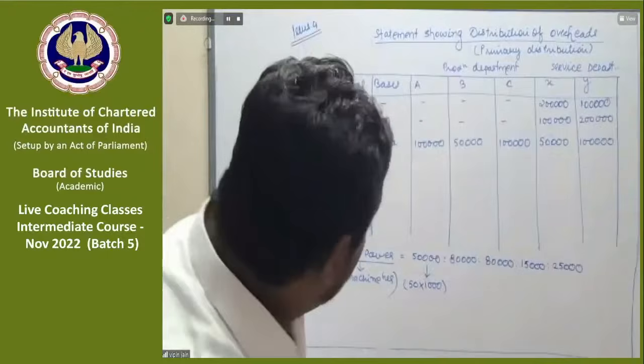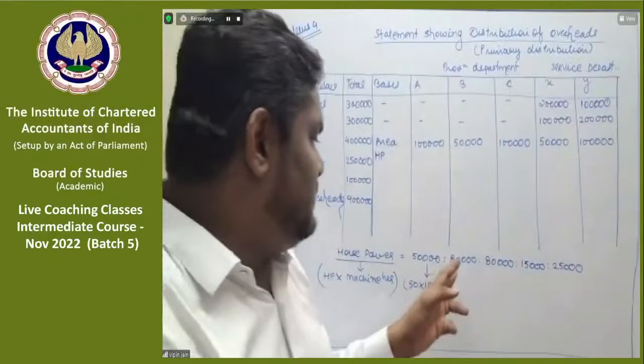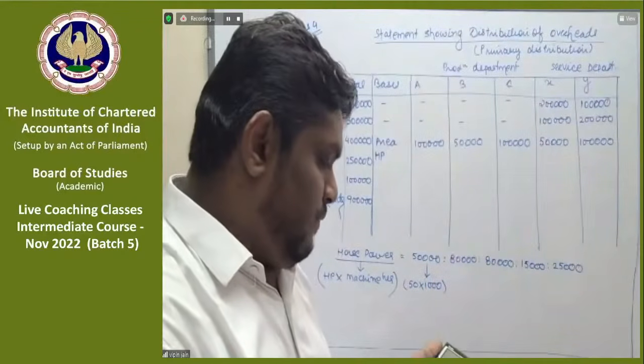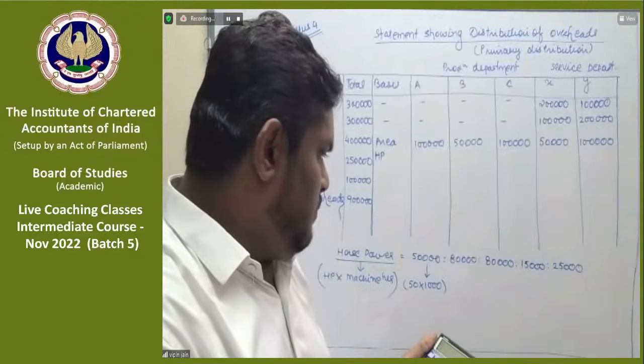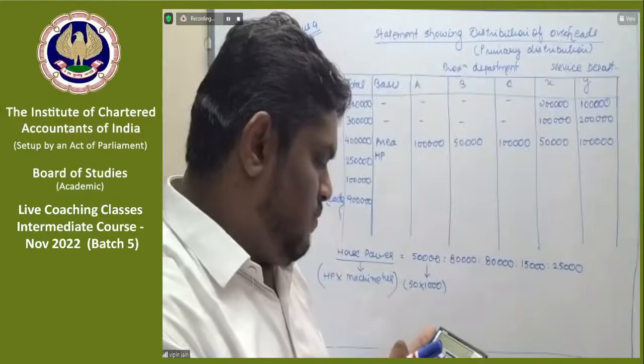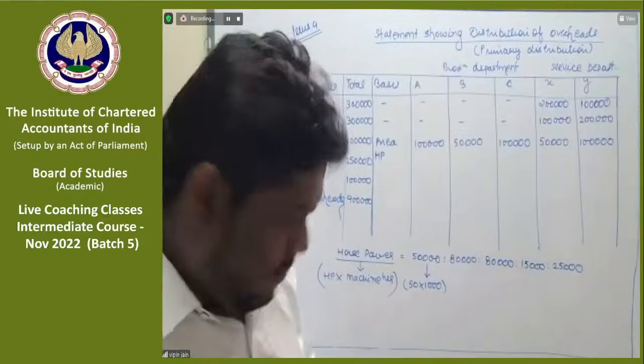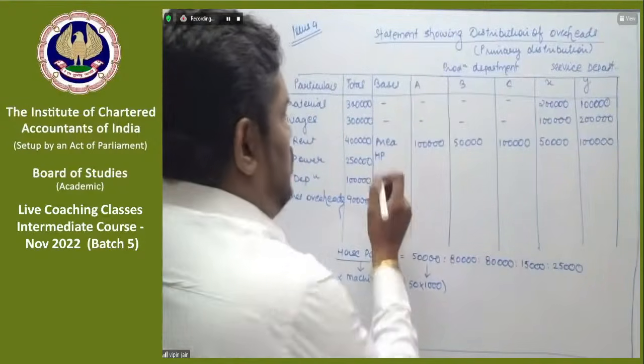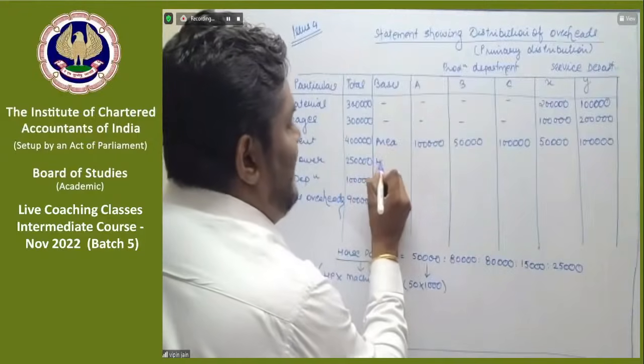So guys, let's distribute this. The total is 50 plus. So horsepower I have already calculated.